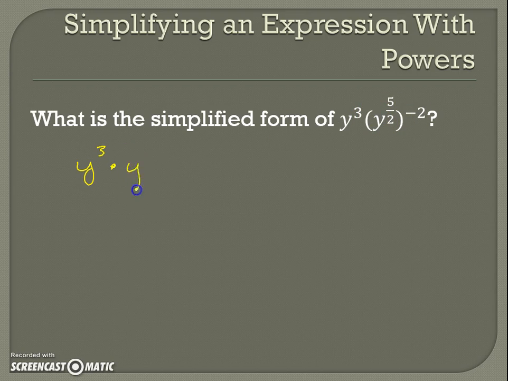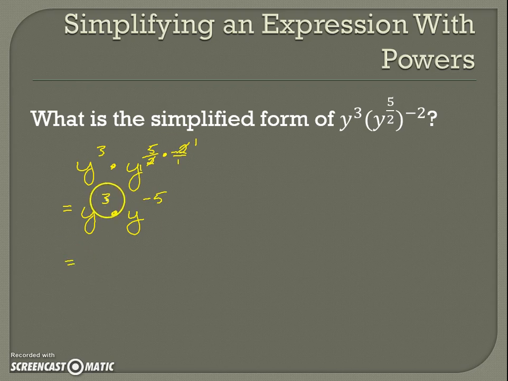So I have y to the 5 halves times negative 2. So I'll go ahead and make that over 1 because these 2's are going to cancel. And what I'm left with here is y cubed times y to the, I'm left with a 1 and a 1 here. So 5 times negative 1 is negative 5.